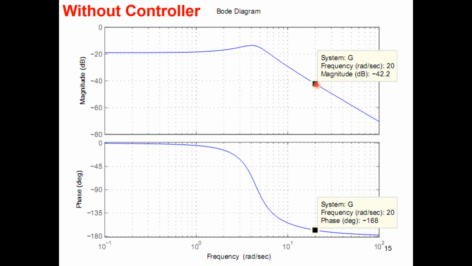The bandwidth adjustment for the unity. Okay, bandwidth adjustment to unity. Exactly, that is what we want to do. But do you have any suggestion as to how we could do that? Introduce forward gain. Introduce a gain. Exactly, that's the point. Introduce a gain.